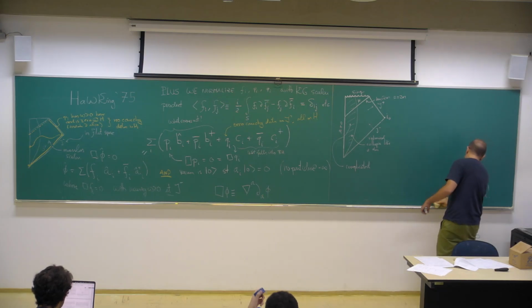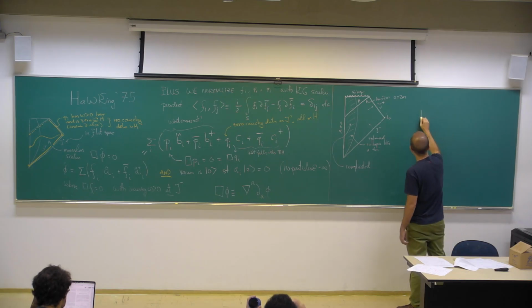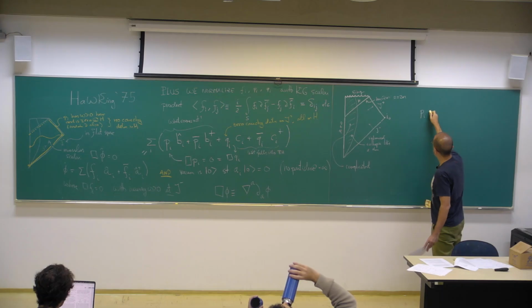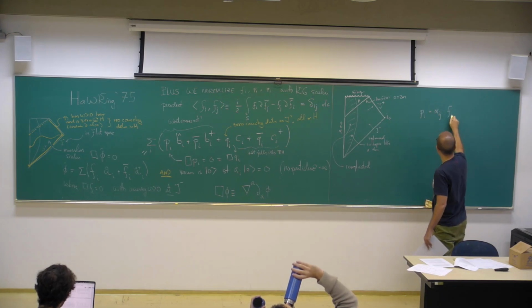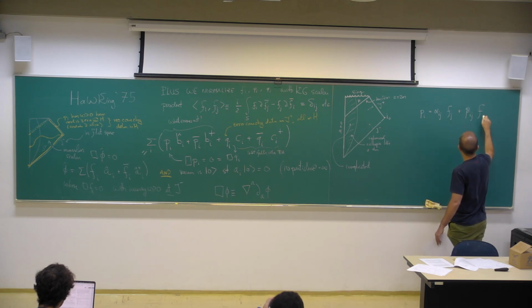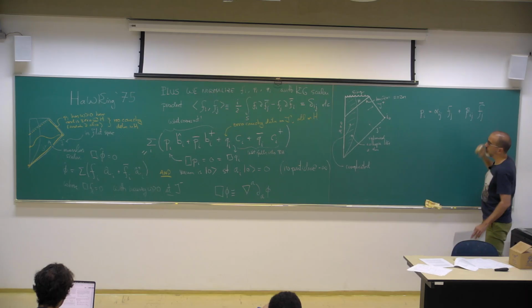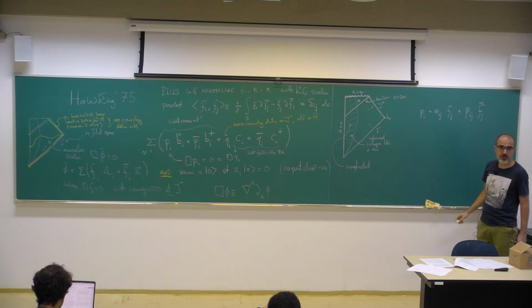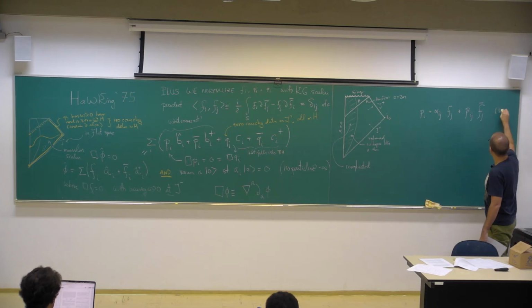Being just different bases, it follows that these modes are linear combinations, alpha ij f_j plus beta ij f_j bar. Right? Because this is the solution of Klein-Gordon, this is the basis of solutions, so I can derive this solution as a combination of these two.